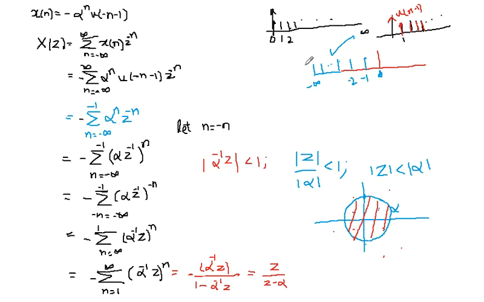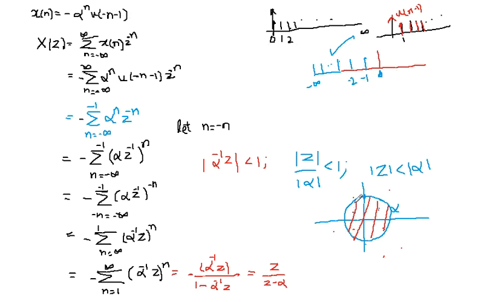And the conclusion after solving is, for right-handed sequences, means if the sequences are in the right fashion, just like the previous alpha raised to n u of n was a right-handed sequence, for which the ROC is outside the circle. But for a left-handed sequence, now this minus alpha raised to n u of minus n minus 1 is a left-handed sequence.